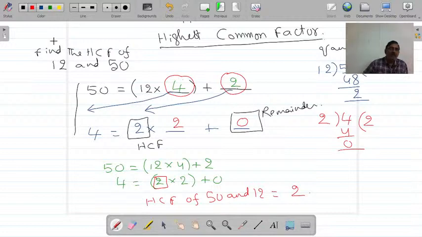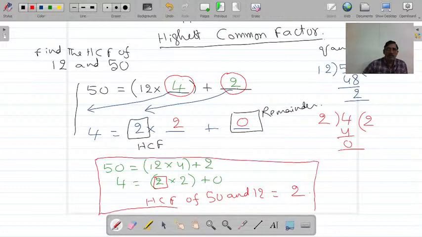This is the way in which we write the solution. For that question, simply if we write this, it is enough.